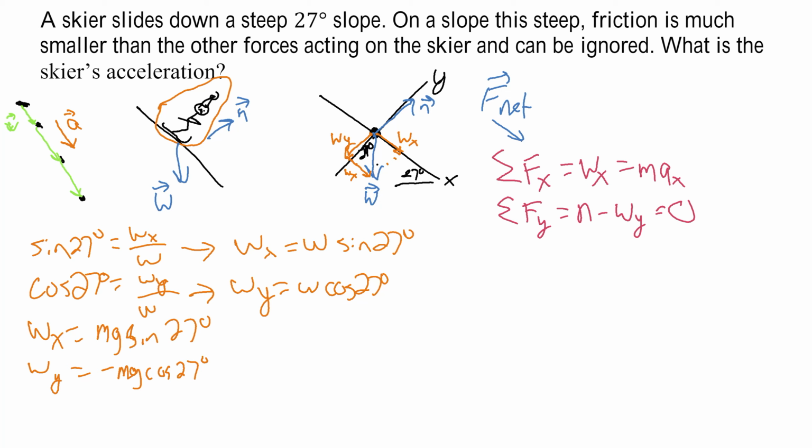Okay. So we know that W sub y is down here, negative mg cosine 27 degrees, right? Okay. So we can do something with that. We also know that up here, a sub x is sitting there, and that's what we're looking for. We know that W sub x is mg sine 27 degrees, yes? Okay. So there's something that we can do there.